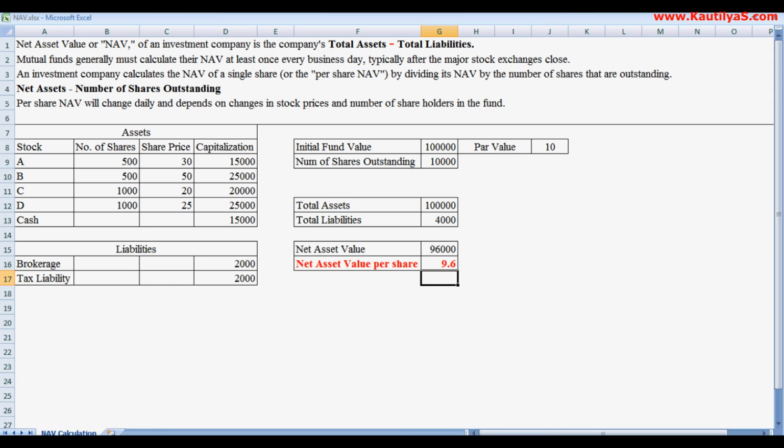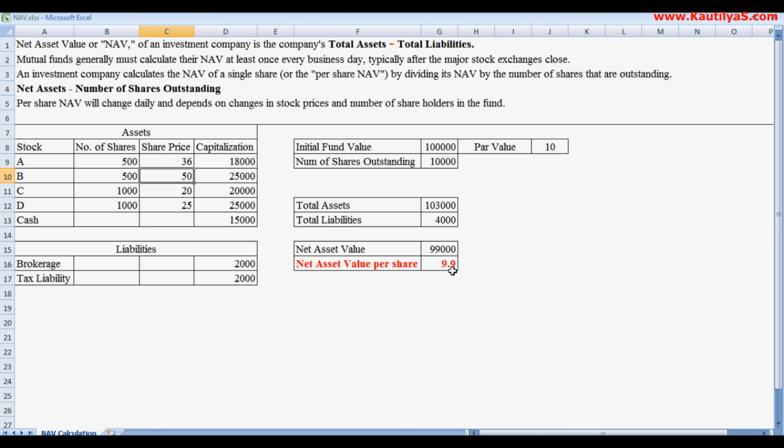Now we'll see what happens when the share price increases. Suppose when we purchased this share, the share price was 30 rupees. Now let us assume that the share price moved up from 30 to 36. So when it increased to 36, our net asset value per share increased to 9.9.